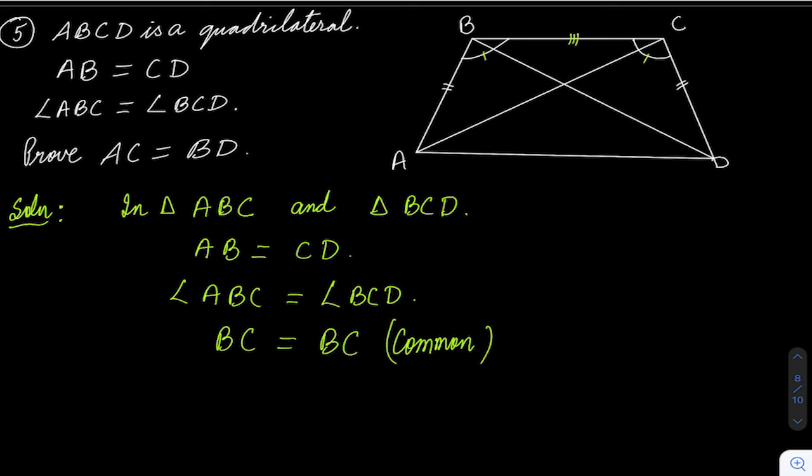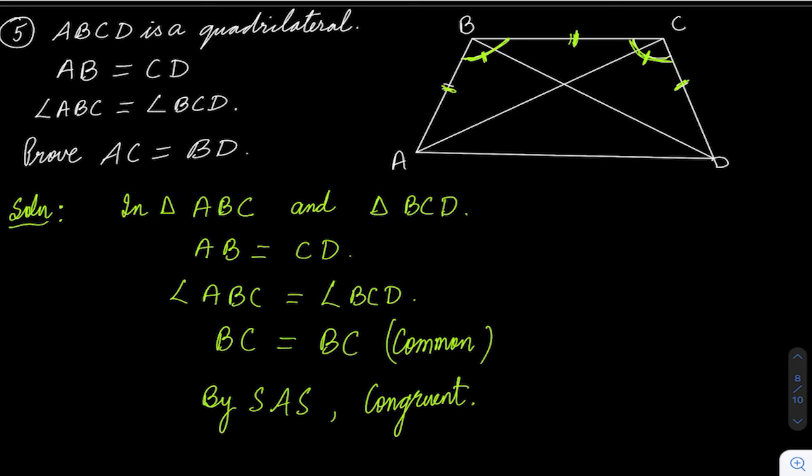So this side is equal, this side is common, and the included angle between these two sides is also equal. So if the included angle is also equal, then by SAS, these two triangles are congruent.